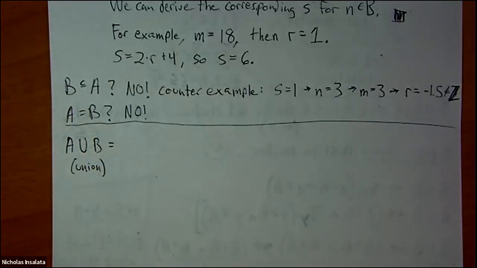And can someone explain what the union of two sets is? A set that has elements from both, okay?